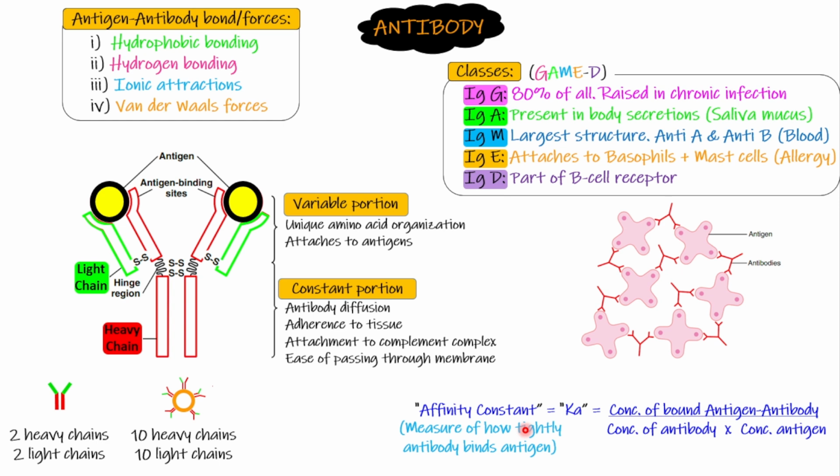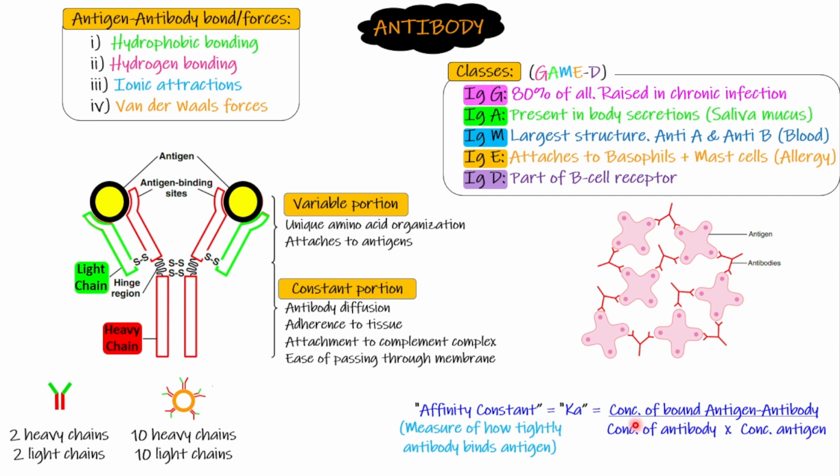The affinity constant can be explained with reference to this formula. The affinity constant is the concentration of bound antigen-antibody divided by the concentration of antibody multiplied by the concentration of antigen.